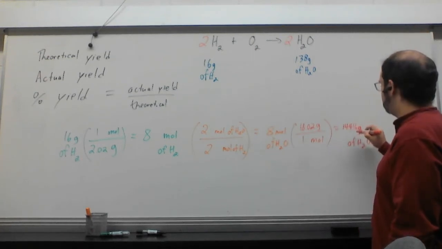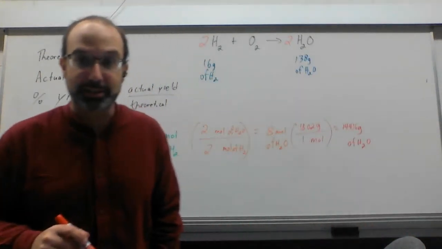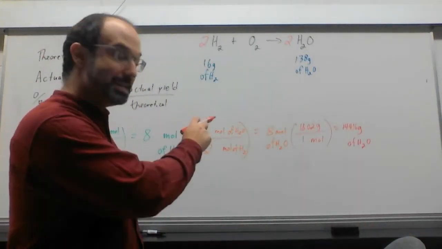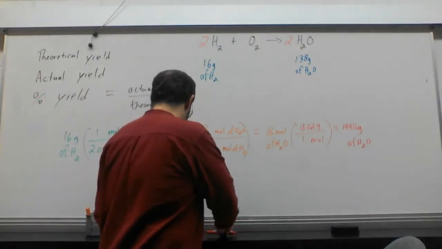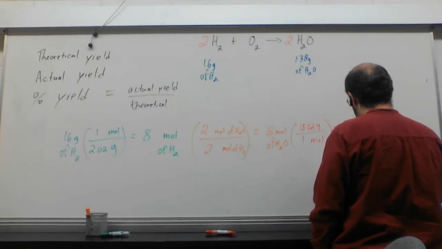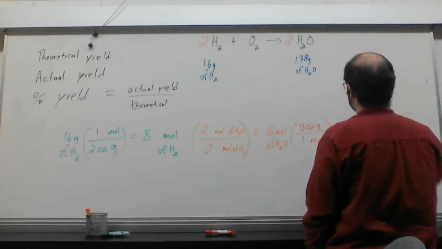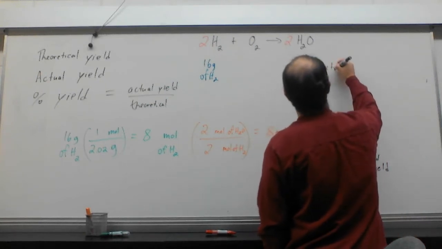I did it in advance. So we got 144.16. So there we go. This is now, right? This is our theoretical. And this was our actual.